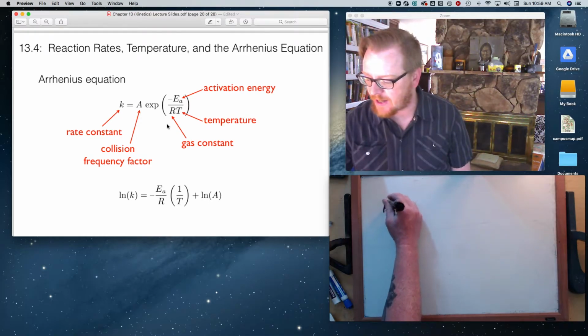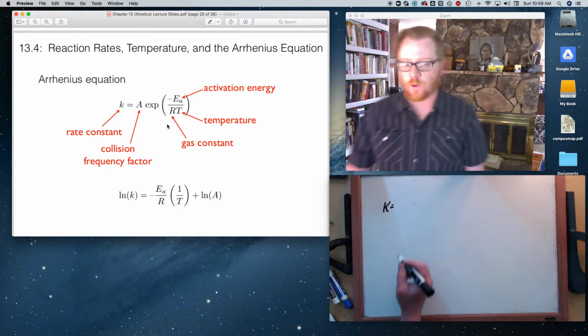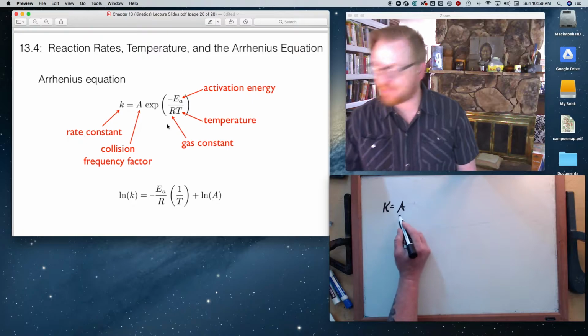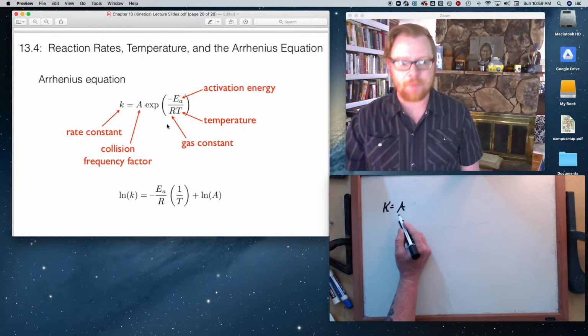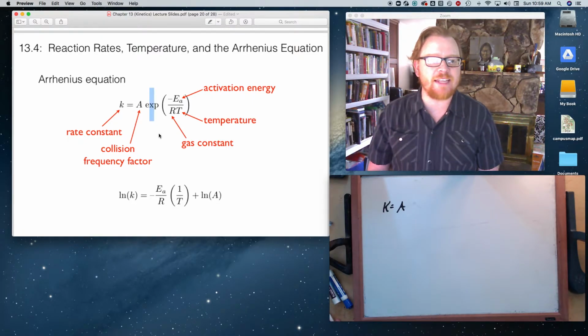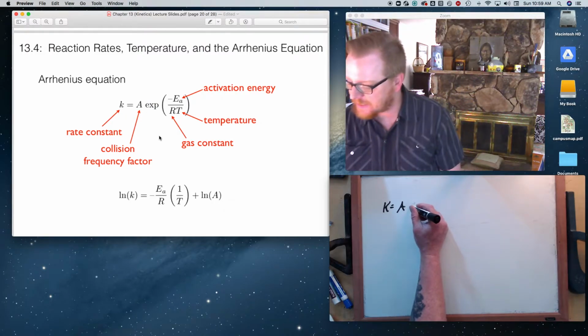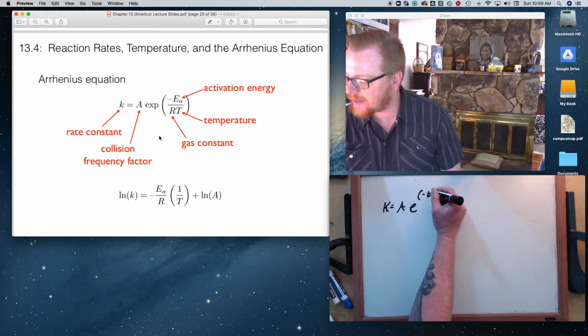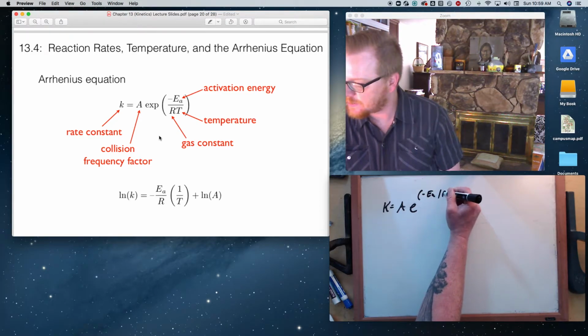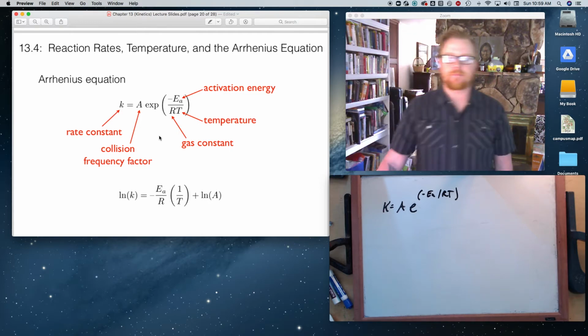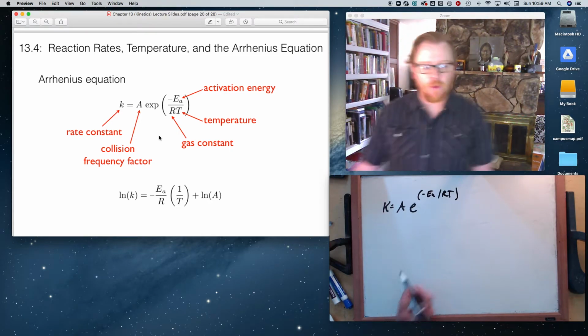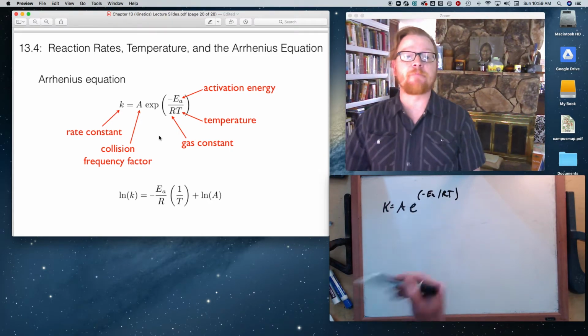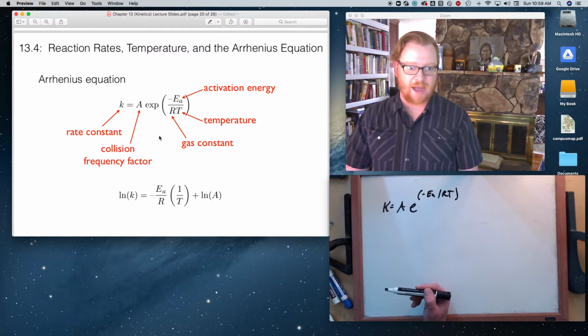It says the rate constant k equals this collision frequency factor A times, in my notation, EXP, which is the same thing as e raised to the power of negative activation energy divided by RT. Okay, so Ea is my activation energy, that minimum energy needed for reaction.